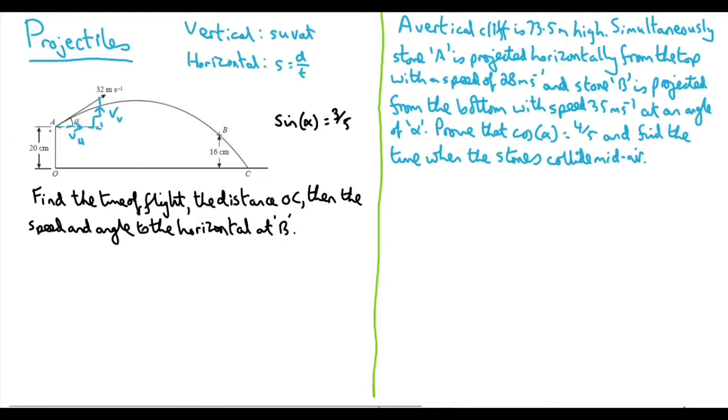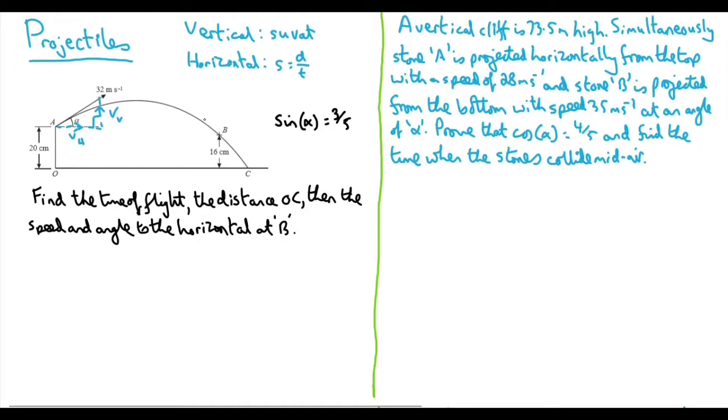Now, based on a diagram like this, we are then told to find the time of flight. So how long is it between the particle being projected in the first place and it hitting the ground? Then to find this horizontal distance here, OC, and then to get the speed and angle to the horizontal at B. Because again, just as we can split up a speed here, because speed is the resultant, we're breaking it down into an initial horizontal and vertical.